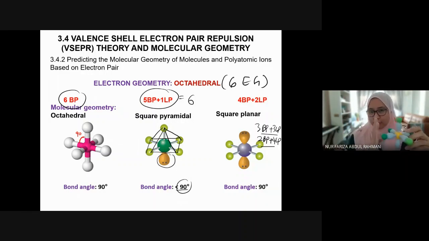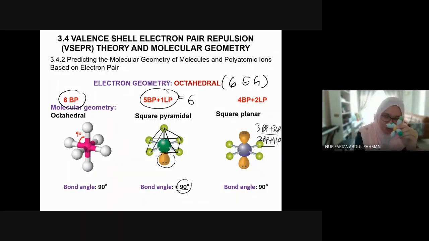So we try to keep them as far as possible. The highest repulsion is when lone pair and lone pair sit close to one another. So imagine if you were to place the lone pair somewhere around the equatorial, between these 4. Let's say I choose this one.